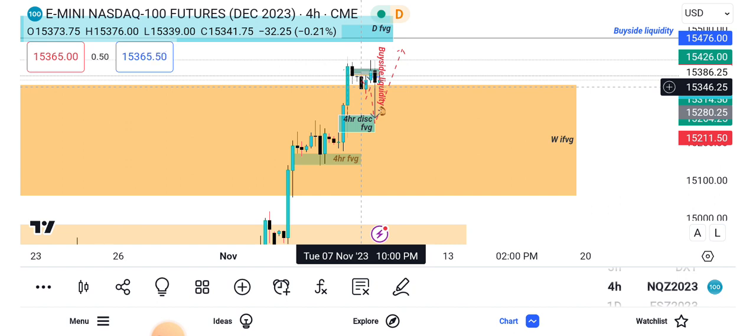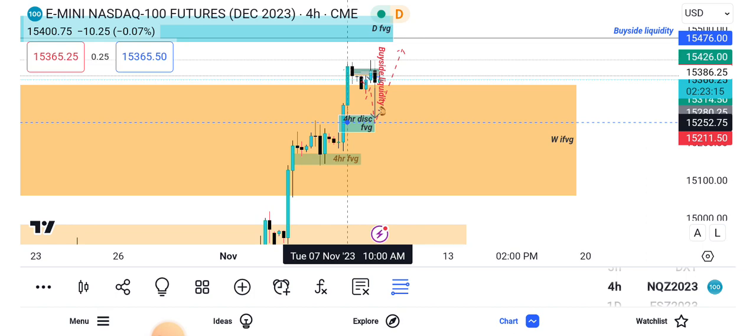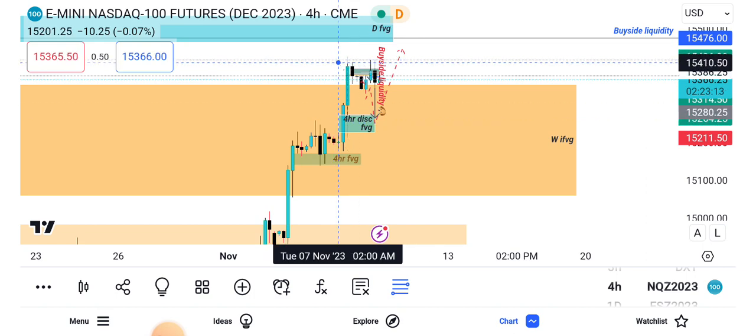That's why I decided that for today I'm expecting lower prices to retrace into that 4-hour discount fair value gap, then retrace higher.